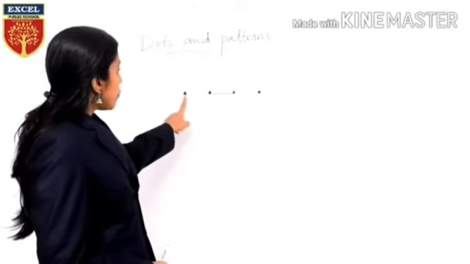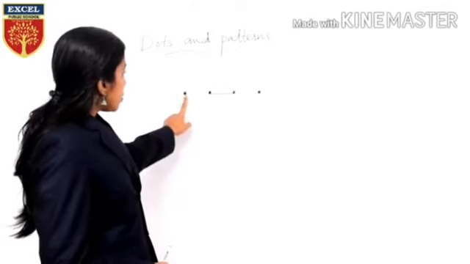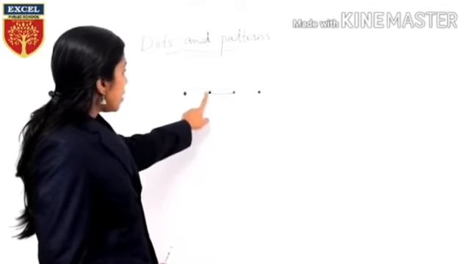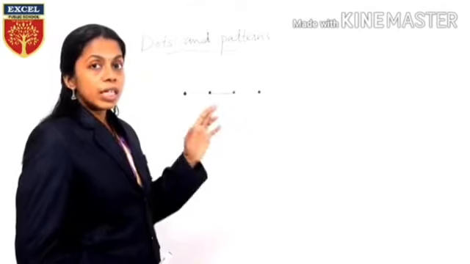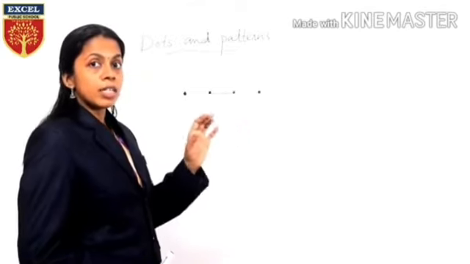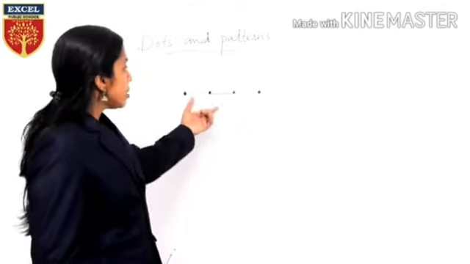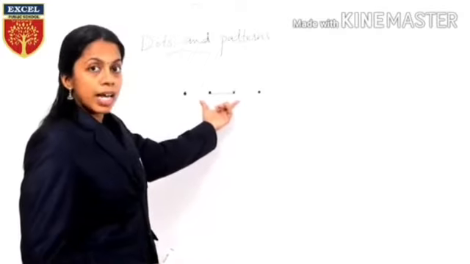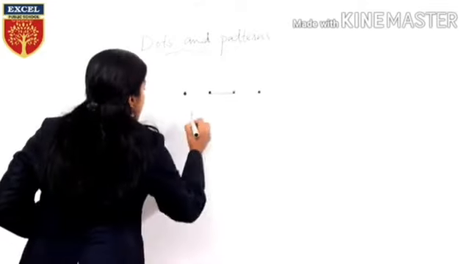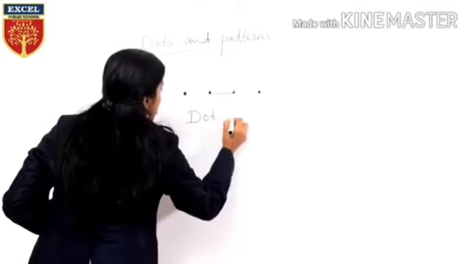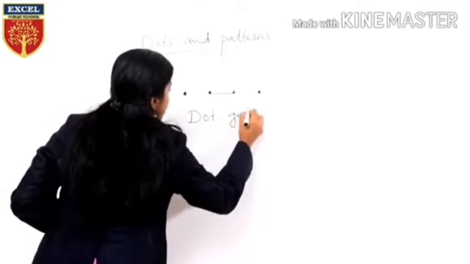Here I follow first dot on number 1, then number 2, 3, 4. So I follow an equal space, right? So this type of arrangement is called a dot grid.